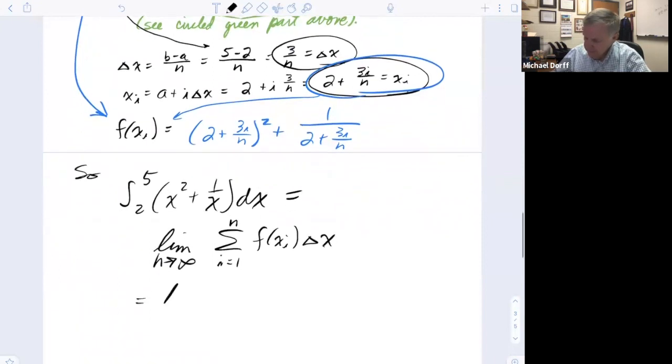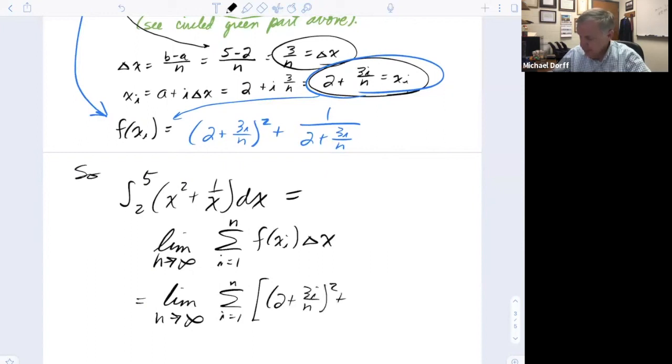So that equals the limit as n goes to infinity of the sum i equals 1 to n of 2 plus 3i over n squared plus 1 over 2 plus 3i over n, all times the delta x, which is 3 over n. And that becomes my answer.